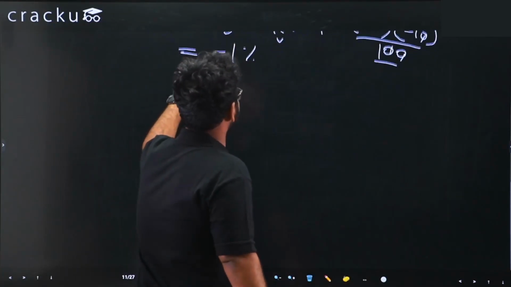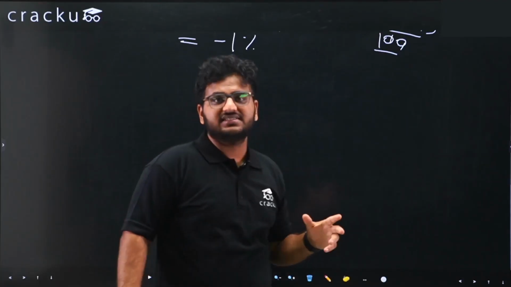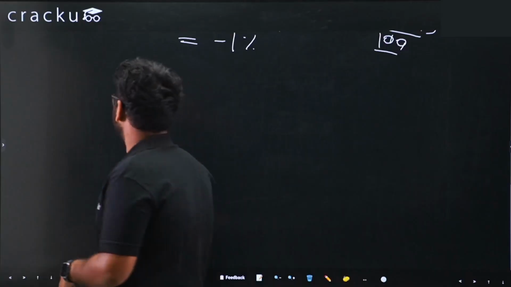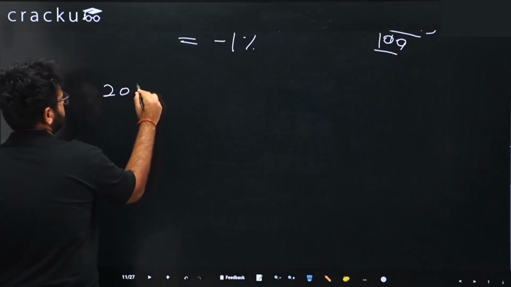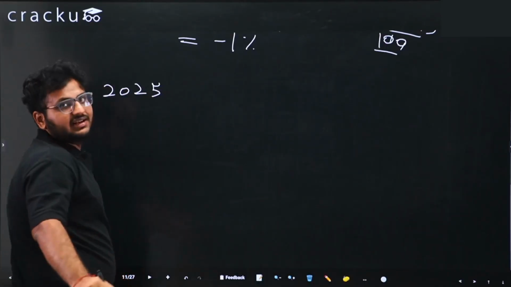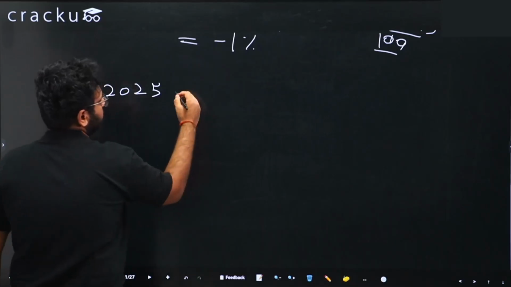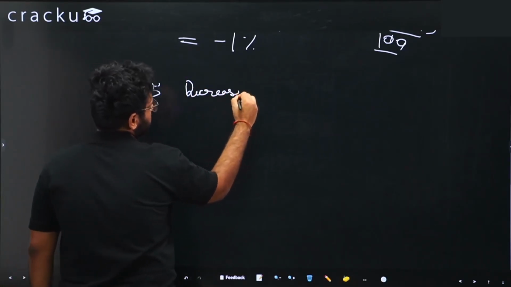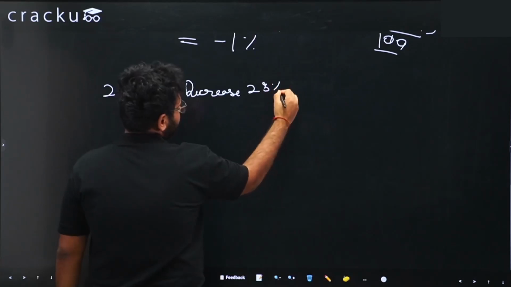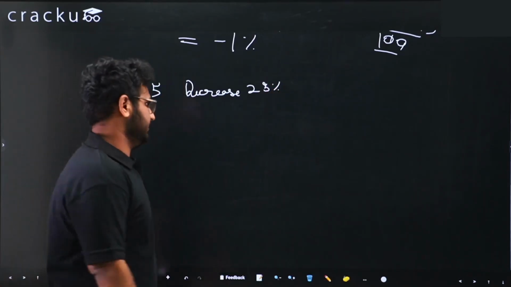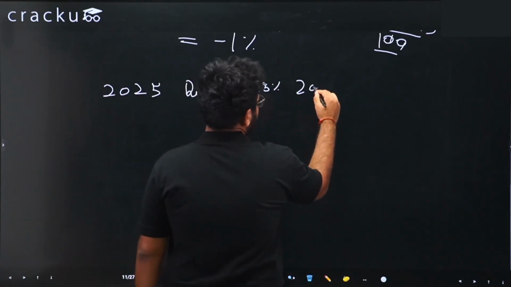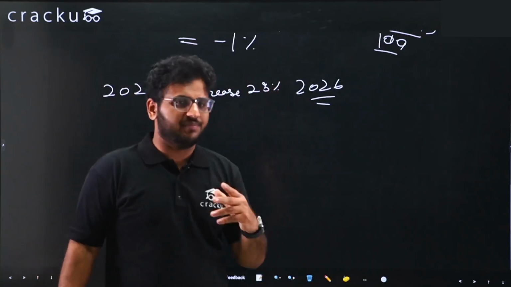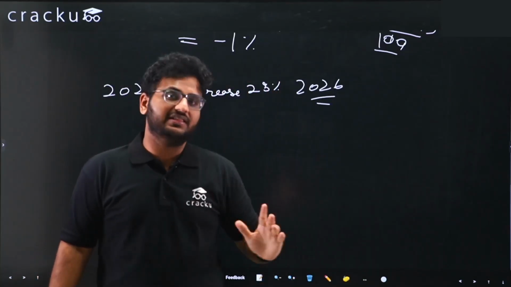Now let us take an example. Let us take that I bought one car in 2025. It decreased by 25% till 2026. Now I bought some rare BMW which is not available in the market.